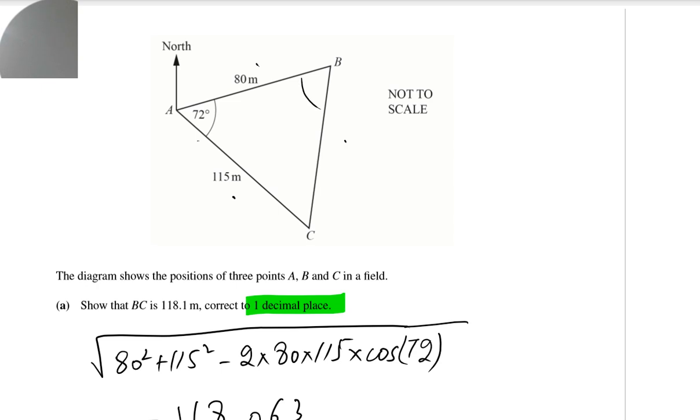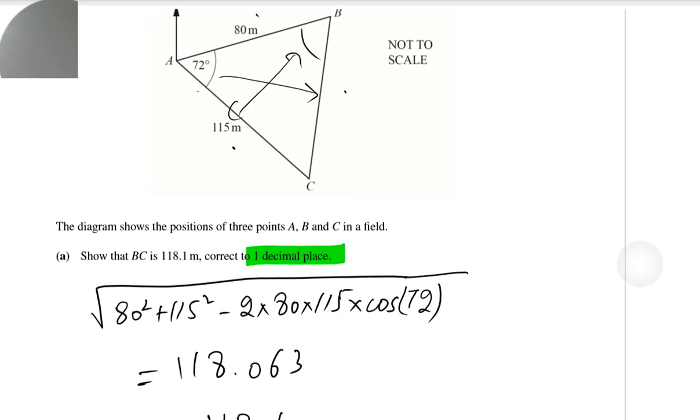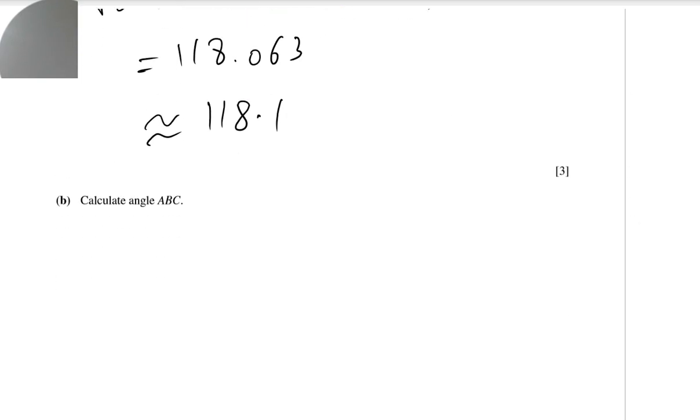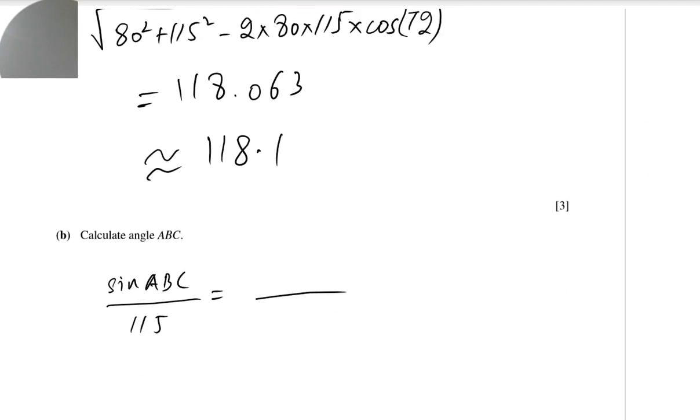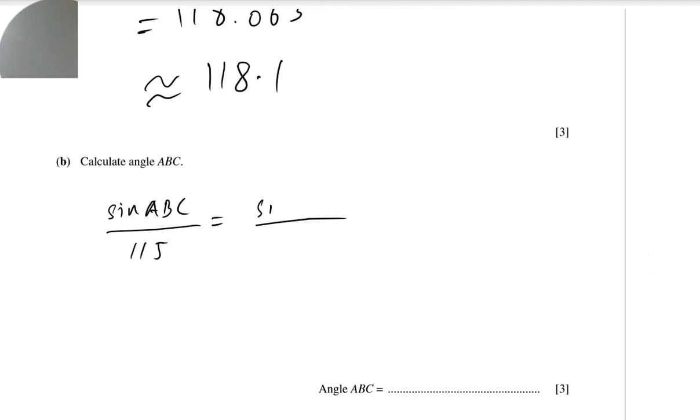Calculate angle ABC. ABC, this angle. So definitely sine law. Sine of angle ABC over 115 is equal to sine of 72 over 118.1.